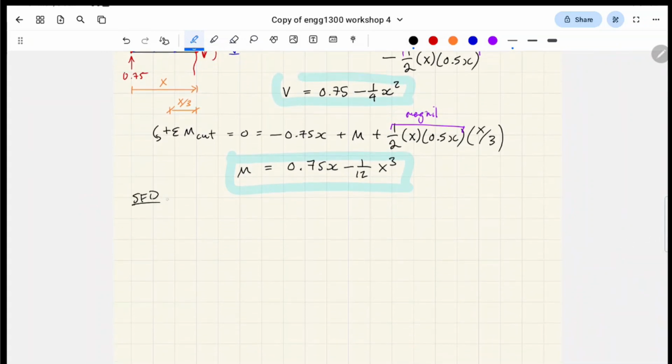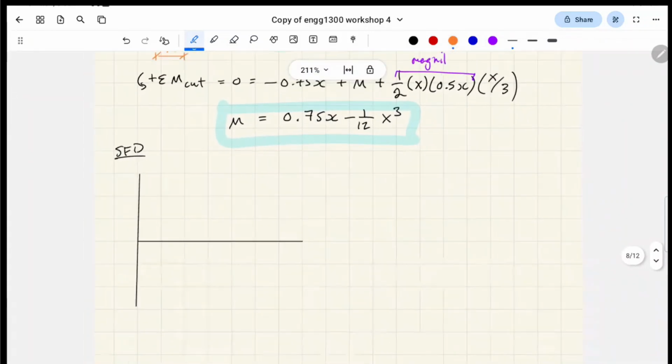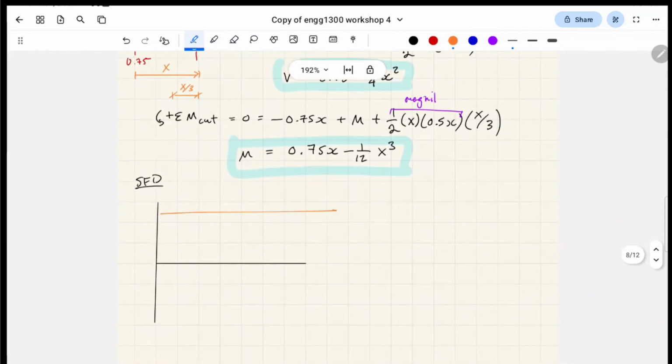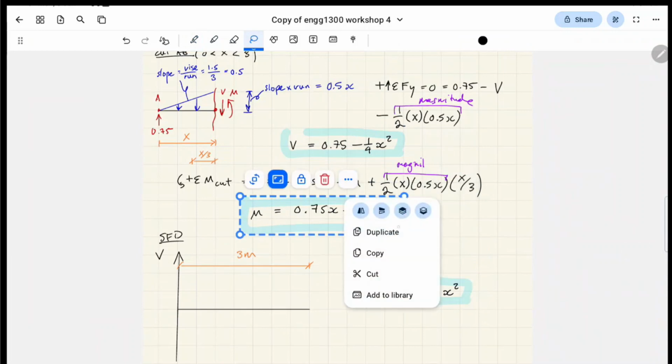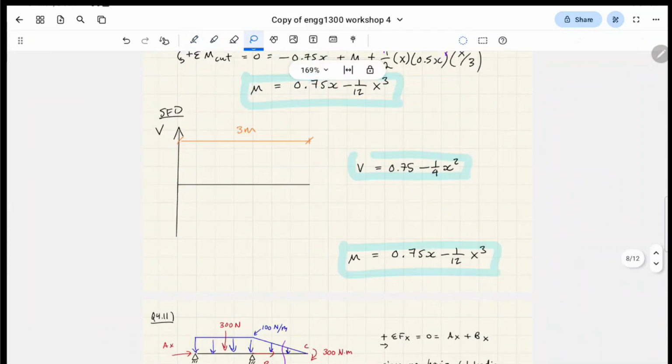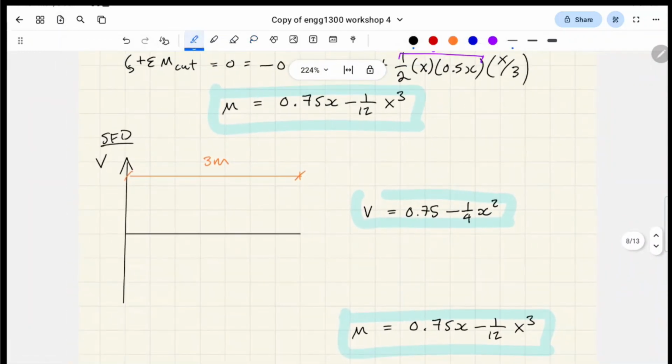So for our shear force diagram, here's how everything pans out. What's the whole thing? 3 meters. Okay, so how it works is basically we're going to take these functions and plot them on this graph as if it was an XY plane.